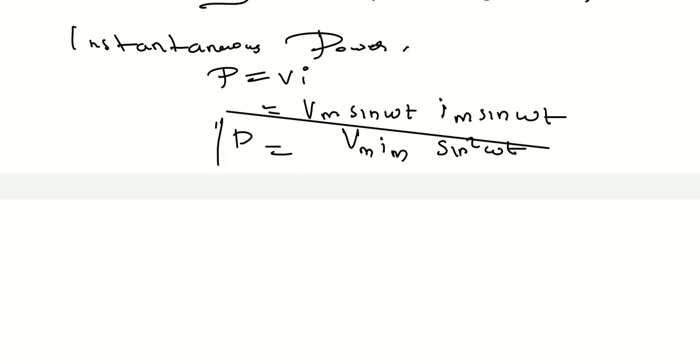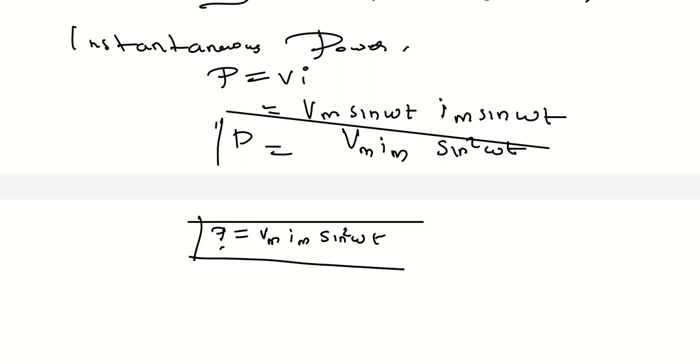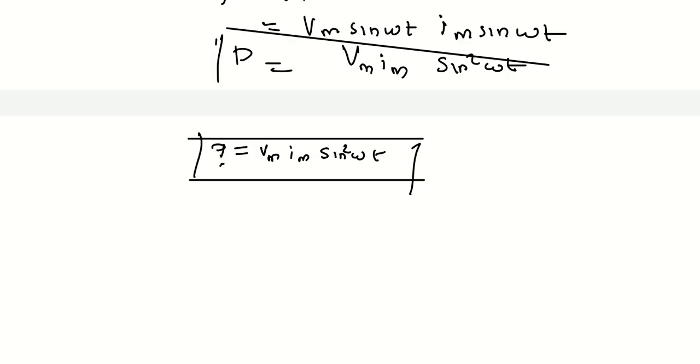So we get power as P is equal to Vm Im sin square omega t. This P is the instantaneous power of AC applied to a resistor. So next we are going to find the average power dissipated over one complete cycle.